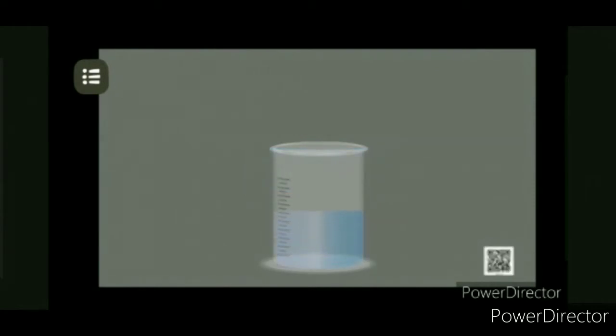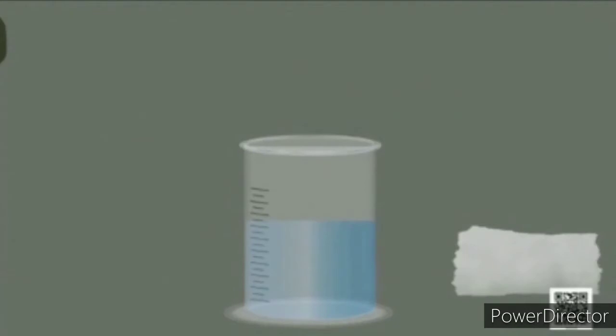Take a beaker of 250 ml, fill it half with cold water. Now carefully cut a small piece of sodium metal.